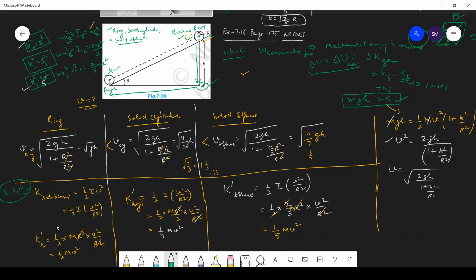So they have different rotational kinetic energy and different translational kinetic energy. So here you can see that the ring has maximum rotational kinetic energy, means it is rotating faster, so more revolutions per second. Okay, so students, note it down.